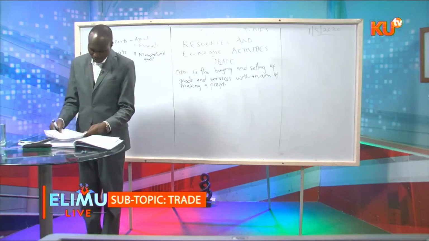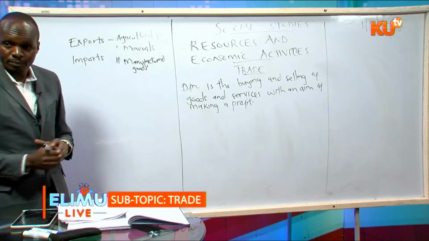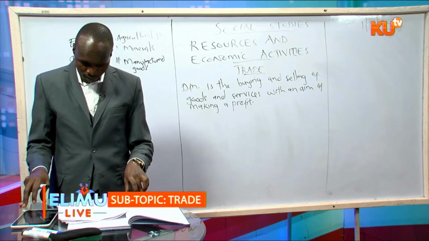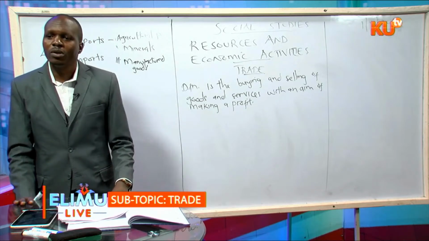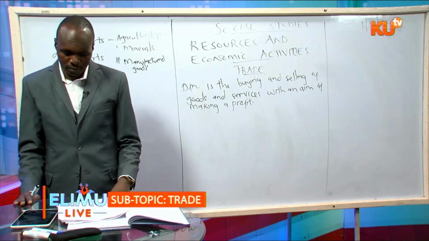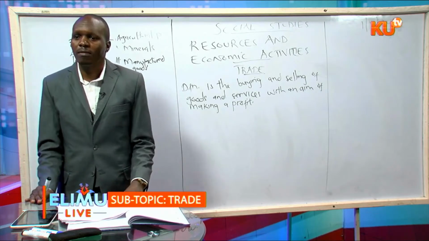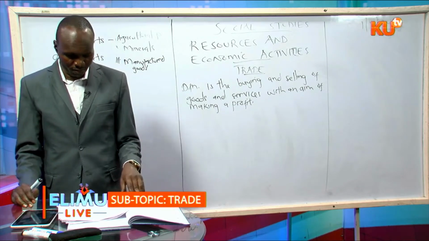Under minerals, we do have minerals such as fluorspar, which is mined in Kerio Valley. We also have diatomite, mined at Kariandusi. We also have soda ash, as well as gemstones.